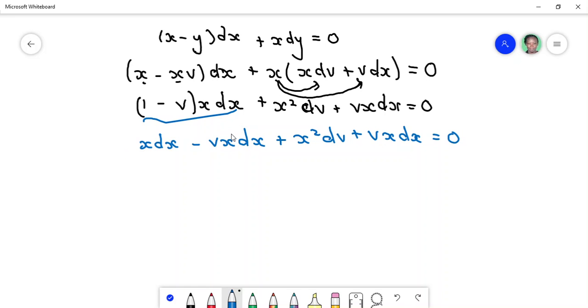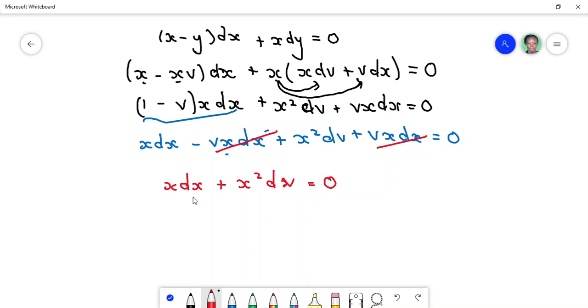You realize that you have this and that, so they cancel out. So we have x dx plus x squared dv equal to 0.